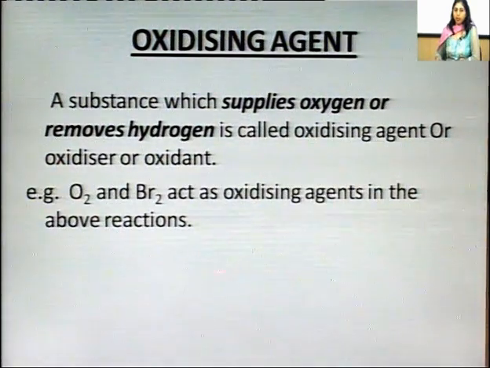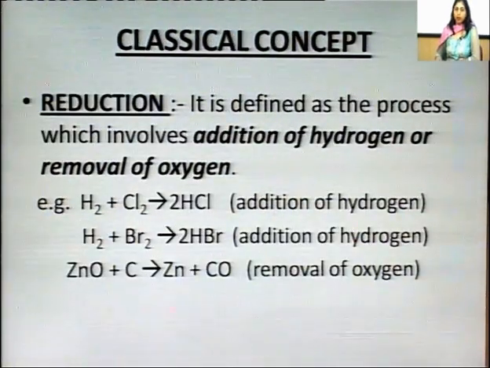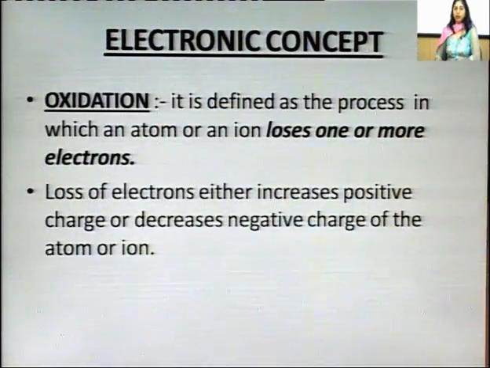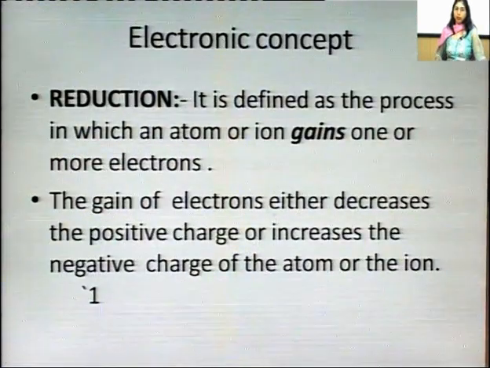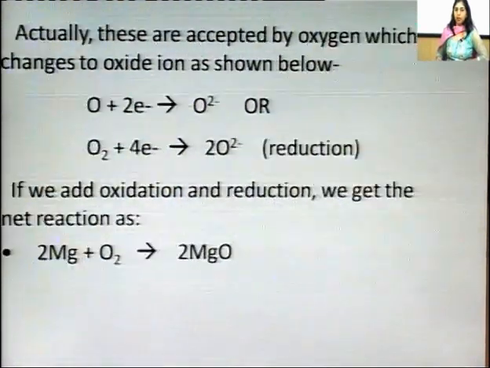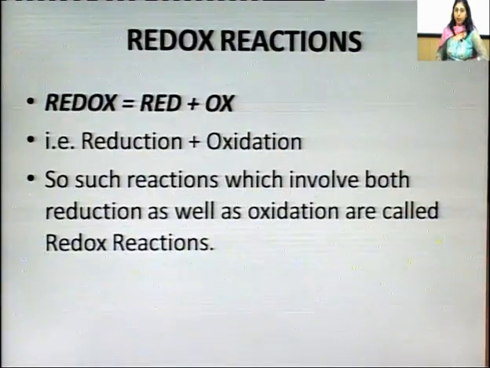Similarly, oxidizing agent. Then we studied reduction according to the classical concept, reducing agent, and the electronic concept of oxidation and reduction. Then we studied how oxidation and reduction are complementary to each other, that they cannot take place by themselves.